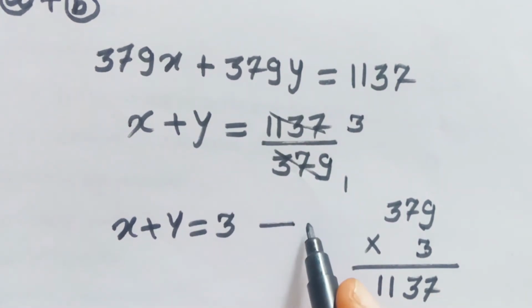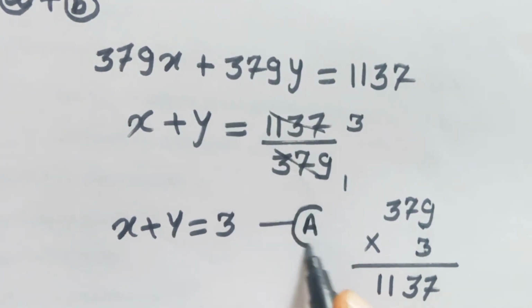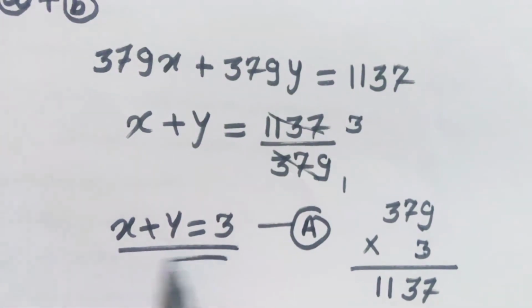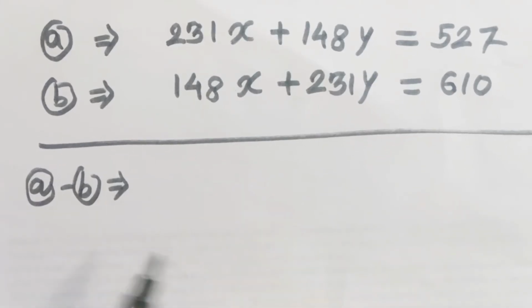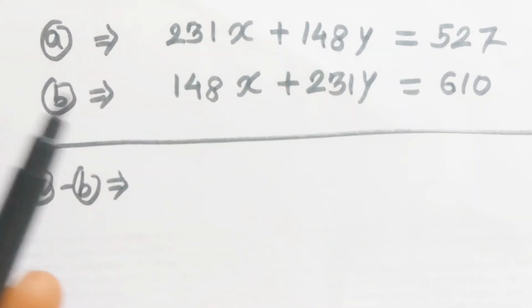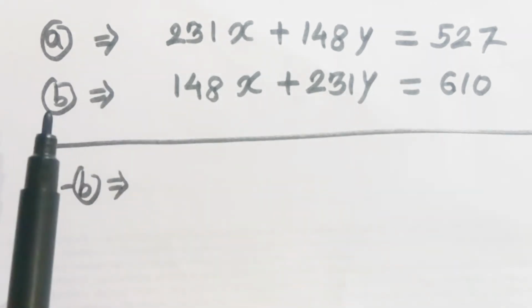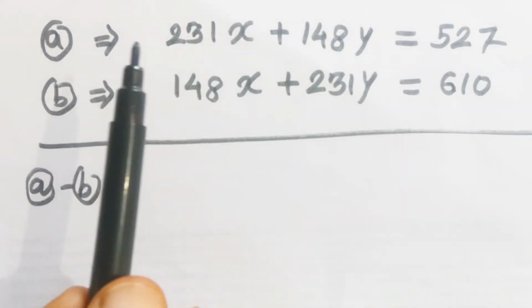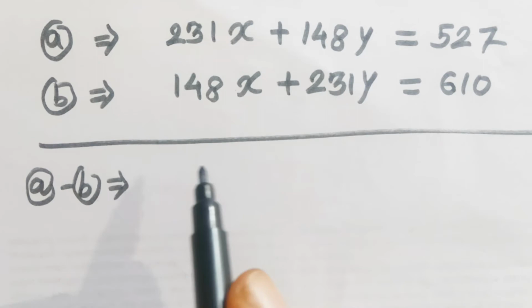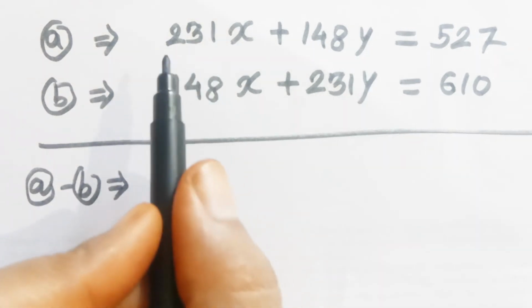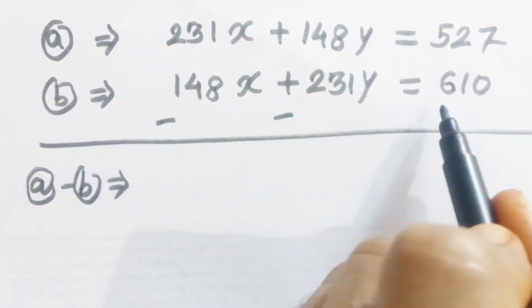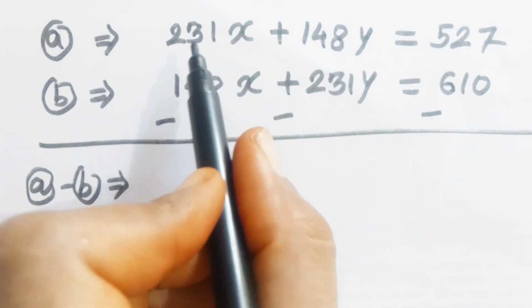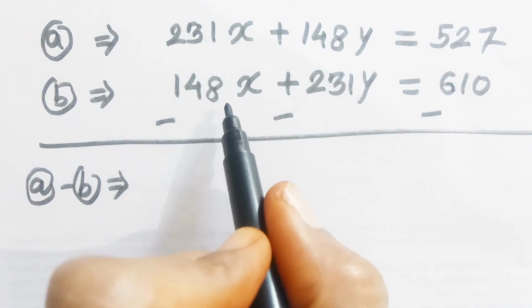Here we take this new equation, that is equation number capital A. Now in the second step we have to subtract these two equations. Here equation A is this one and equation B is this. Now subtract these two equations, then here we multiply by the minus sign, then 231 minus 148.